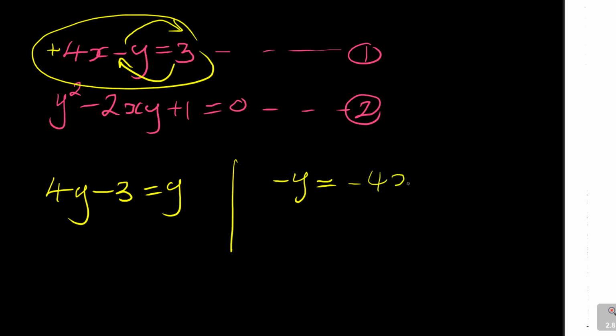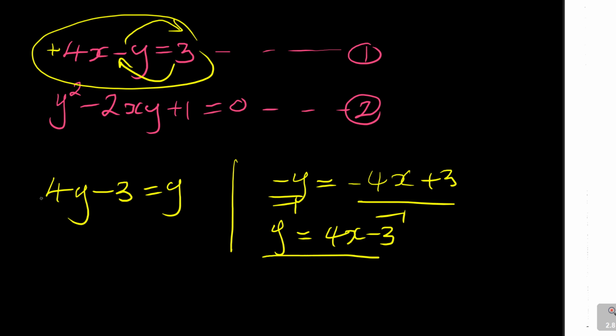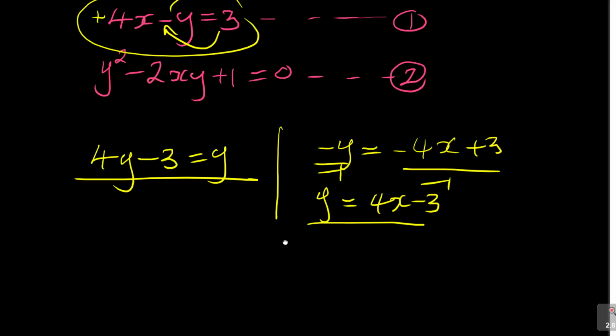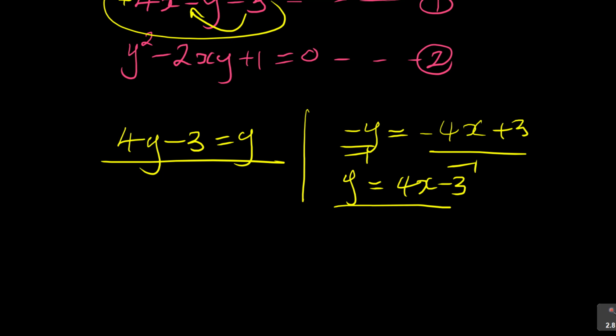Now divide by negative on both sides, so you interchange the signs. y is equal to 4x minus 3. One way or the other, you're still going to get this equation. We call that equation 3.